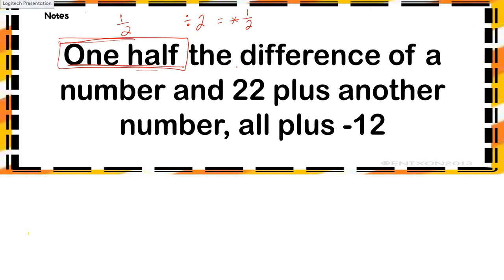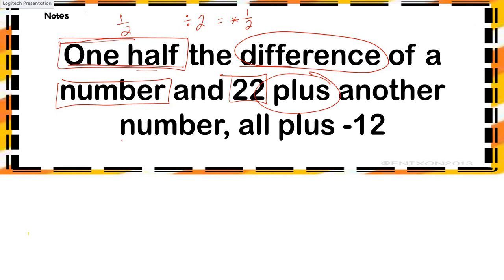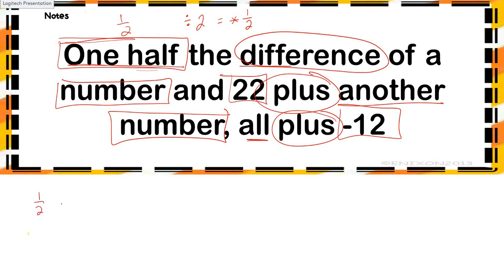All right, so I want 1/2 the difference of a number, so that tells me I don't know the number, and 22 plus another number, all plus negative 12. All right, so here's the thing. I want 1/2 of the difference.